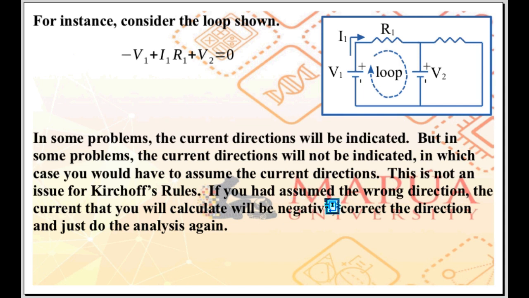If you have assumed the wrong direction for the currents, the current that you will calculate will be negative, meaning the direction of the current should be in the opposite direction. So correct the direction of the current and do the analysis again. So no problem in assuming the direction of the current for Kirchhoff's rules.